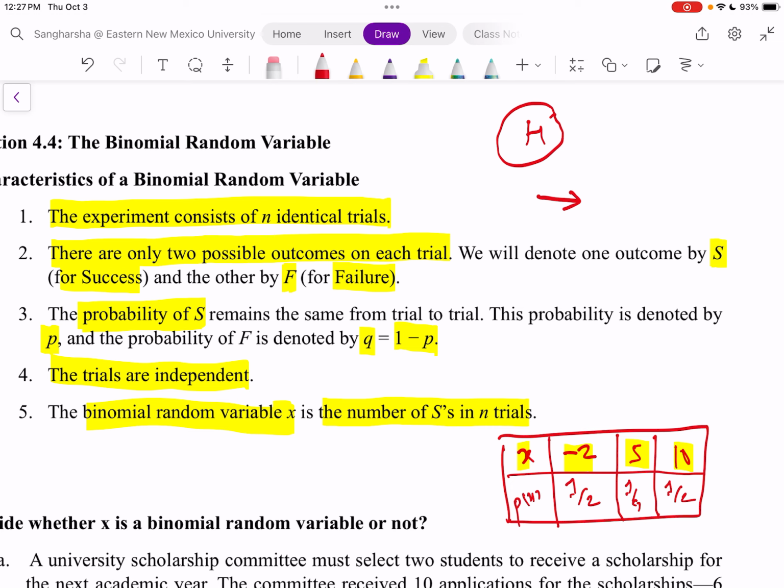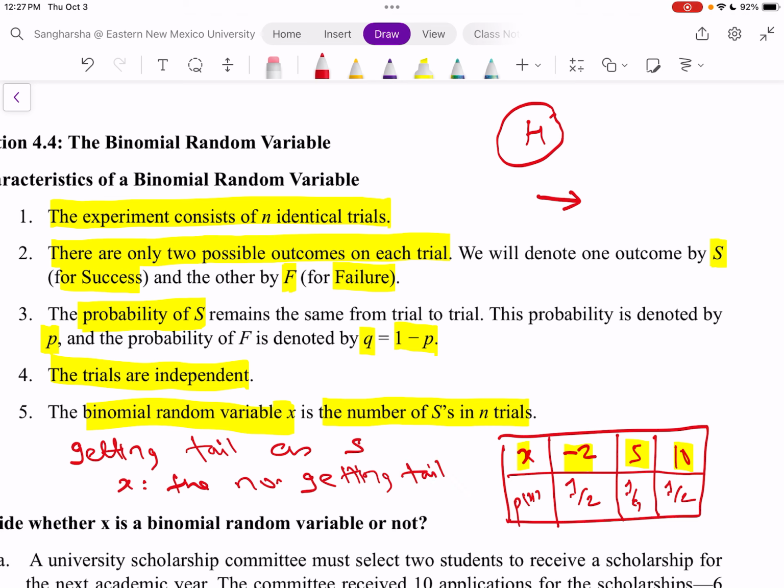For example, if you define getting tail as a success, then X is the number of tails.